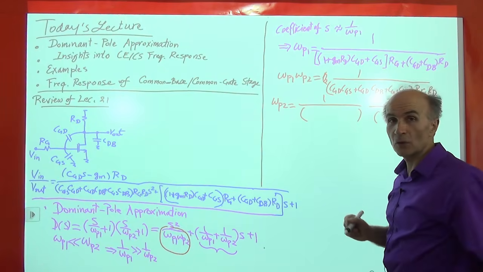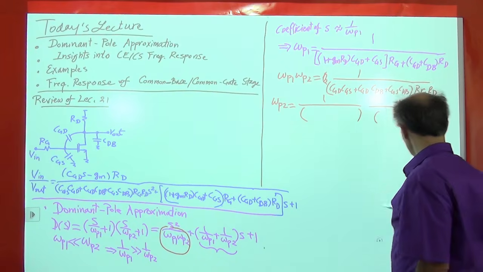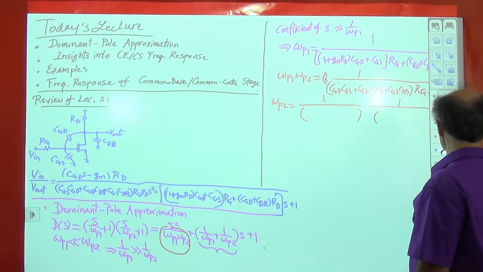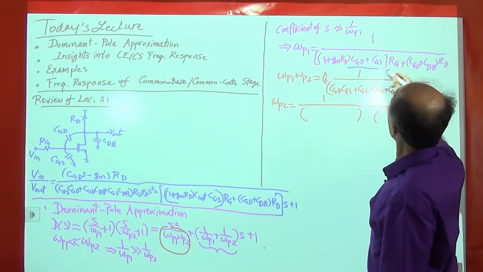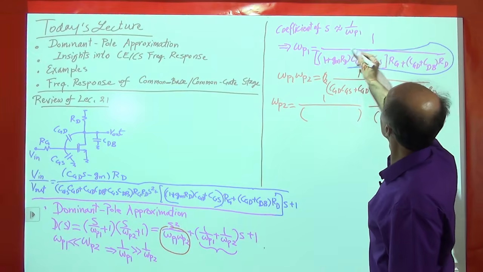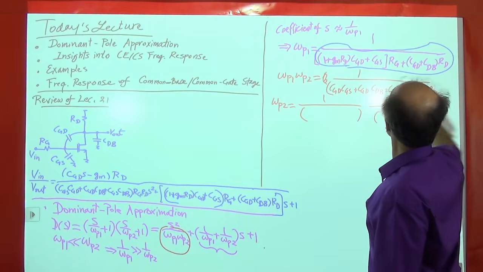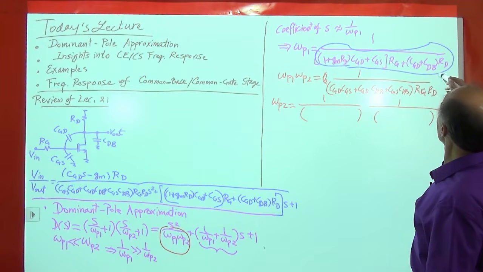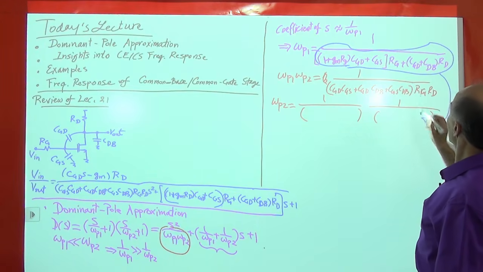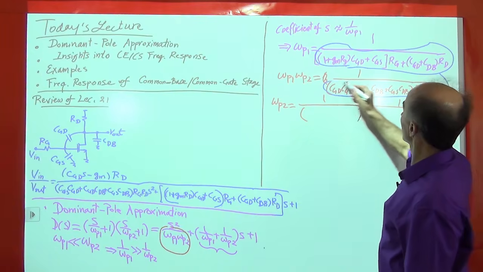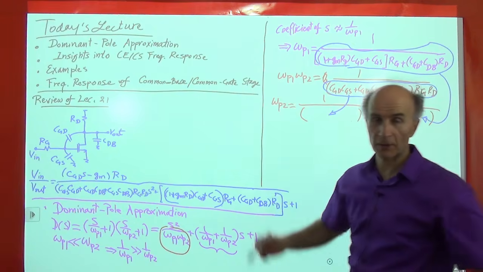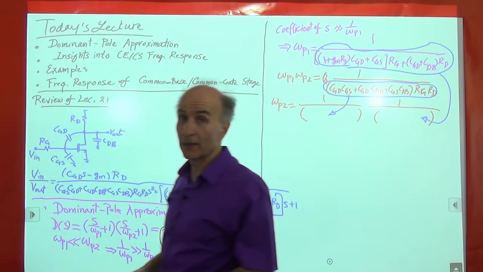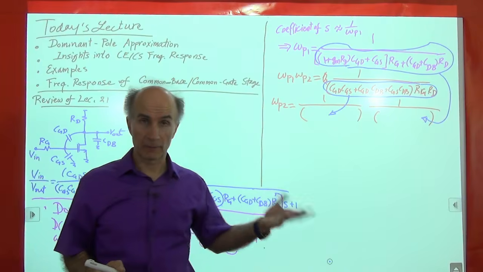Because I don't want to write out everything, I'll just put some arrows so that you know what to do. So this whole thing goes over here, and then this whole thing goes over here. Well, some very large expression, right? But the point is that we could find omega p2 if we wanted to.